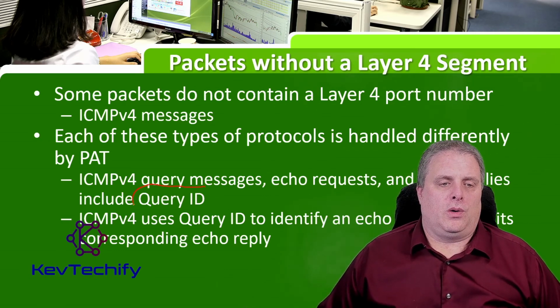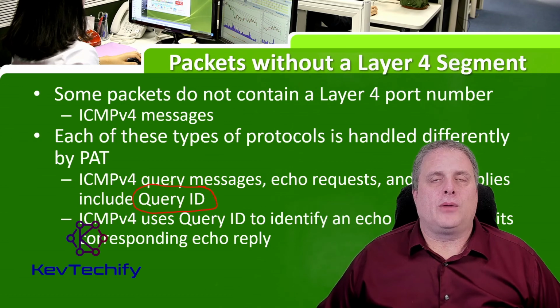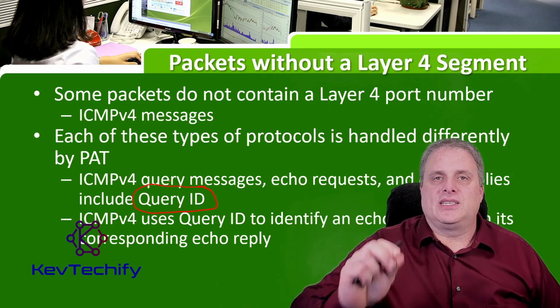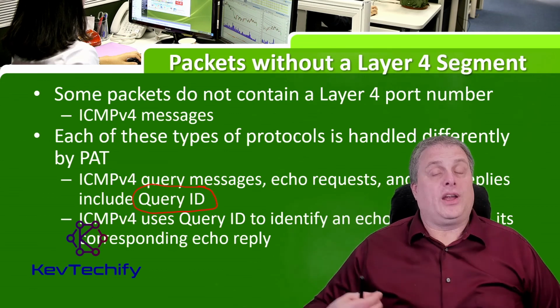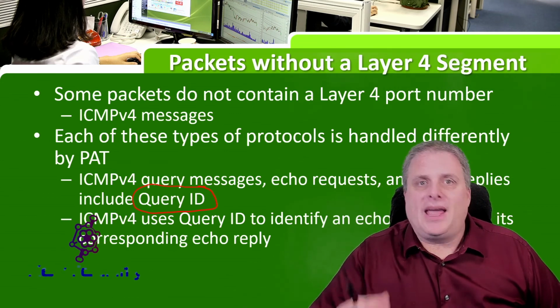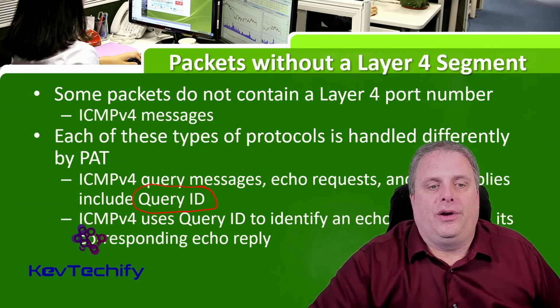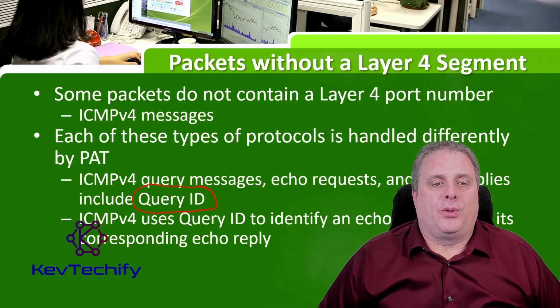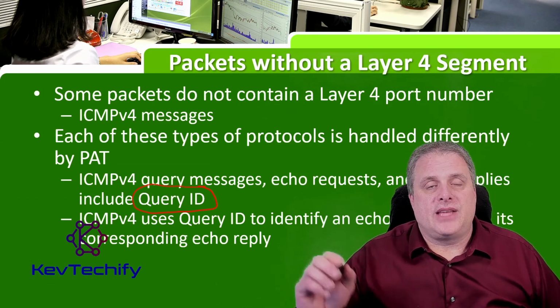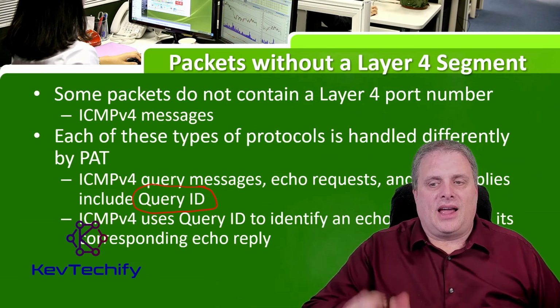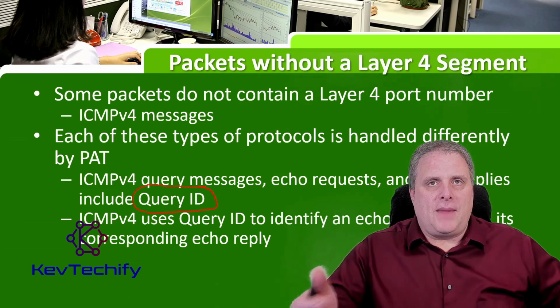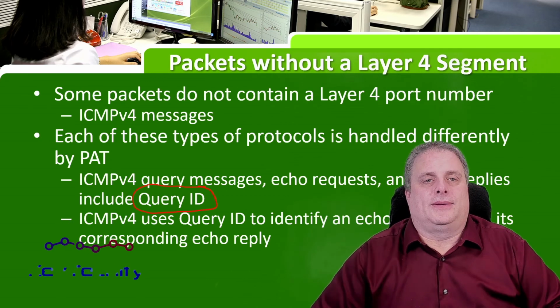So this query ID is a number to identify, hey, this is the request that's being sent out. I'm going to look for the reply that has the query ID that matches it. And so that's their own form of port number at that point. ICMP uses that query identifier to identify echo requests and match it with the echo reply.